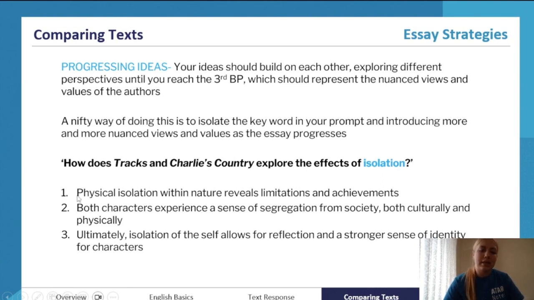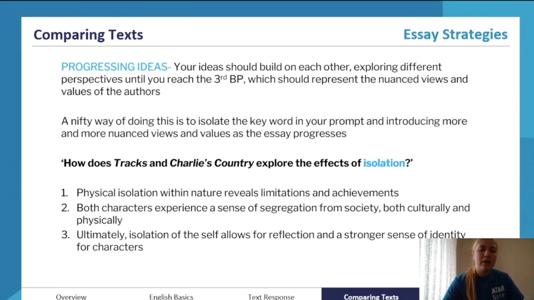So our first one could be that physical isolation within nature reveals limitations and achievements. So this is our simple argument for agreeing with the prompt. Our second argument, where it's getting a bit more complex: both characters experience a sense of segregation from society, both culturally and physically.